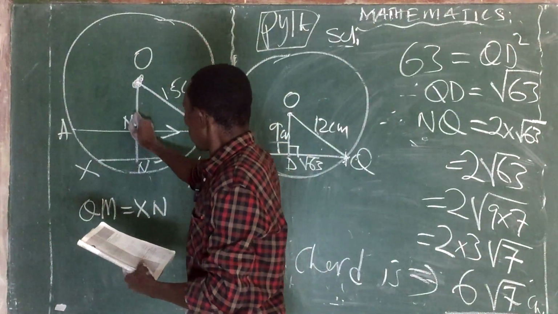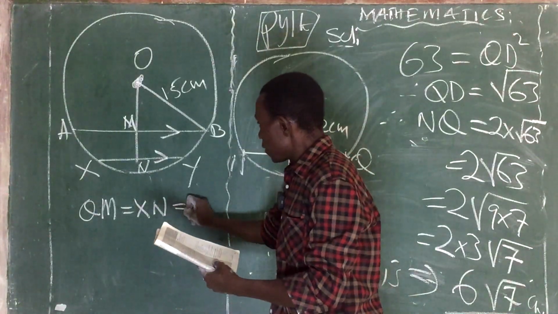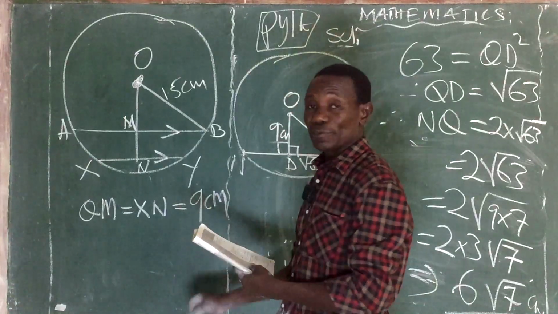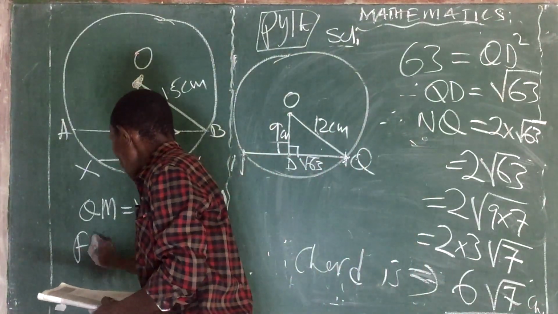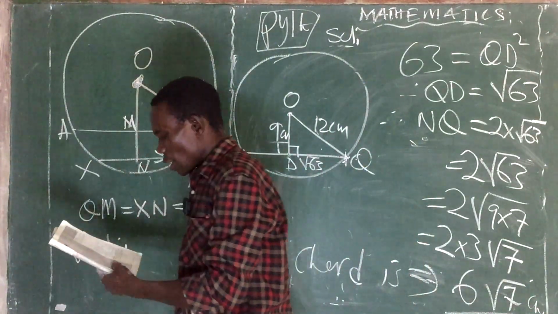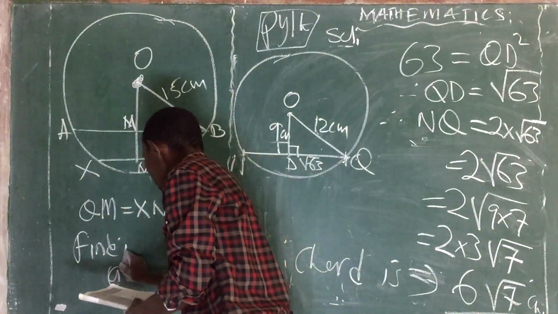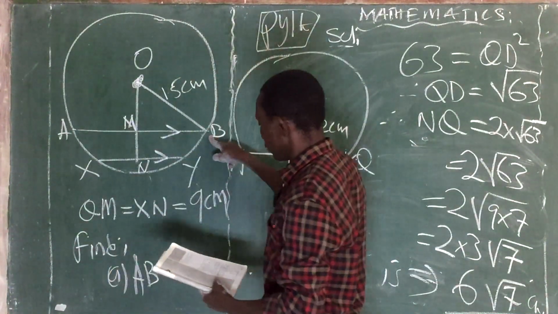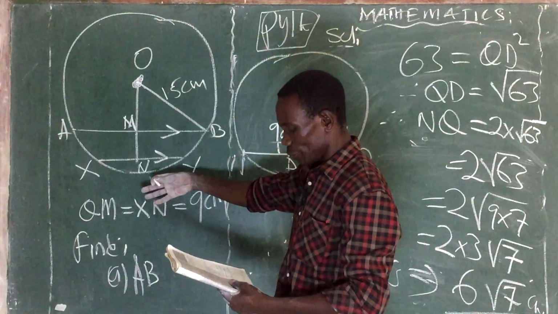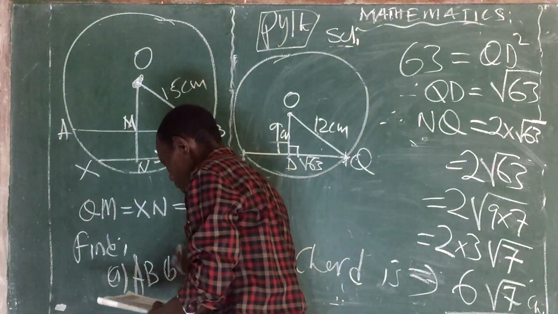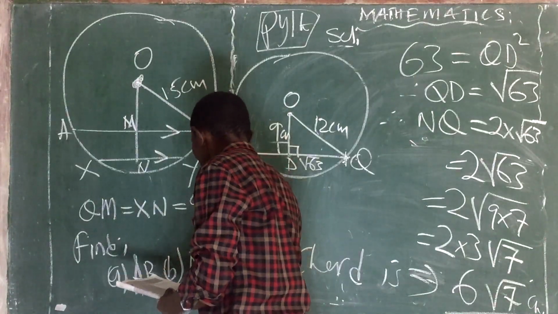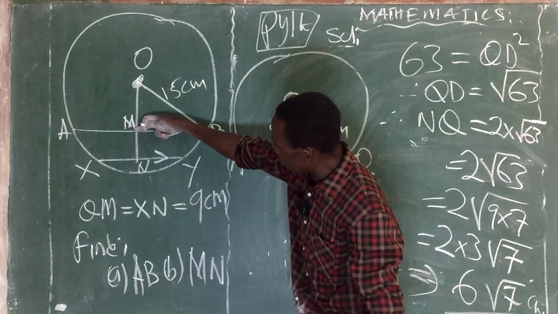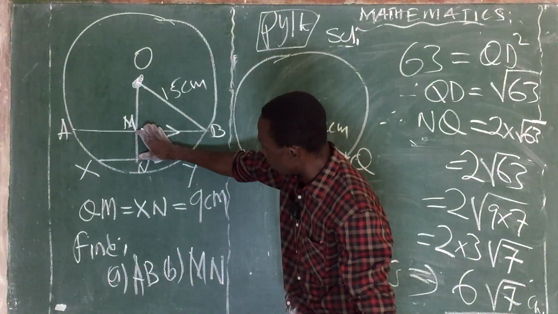This is M. And this one is given as 9 centimeters. The question is simply asking you to find A, the length of AB. How long is A to B, given this information? And again, B, find the length of MN. How long is M to N? This section here.